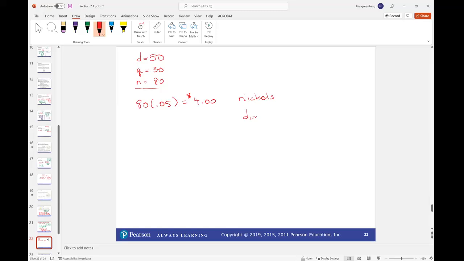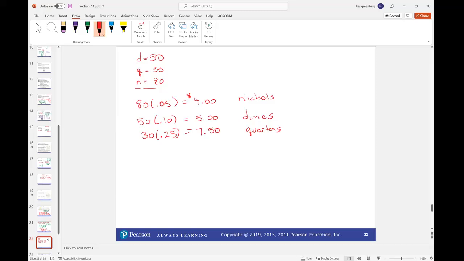Okay. Let's do dimes. So I have 50 dimes. They're each worth 10 cents. So that means I have $5 in dimes, right? And quarters, I have 30 quarters times 0.25, which is equal to $7.50.